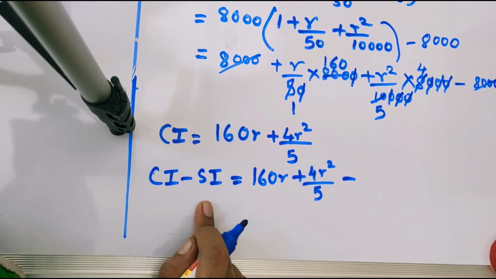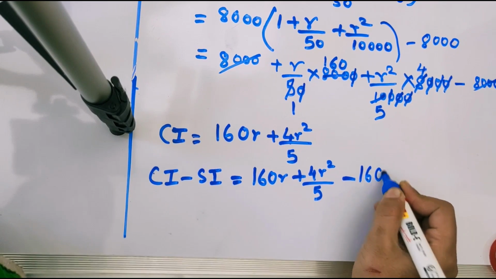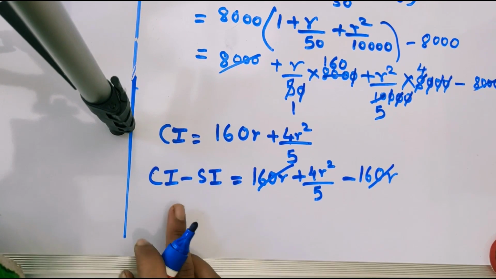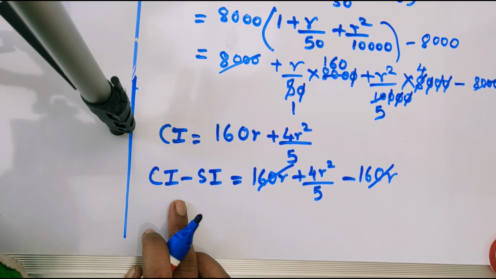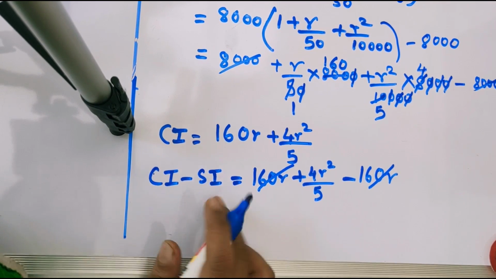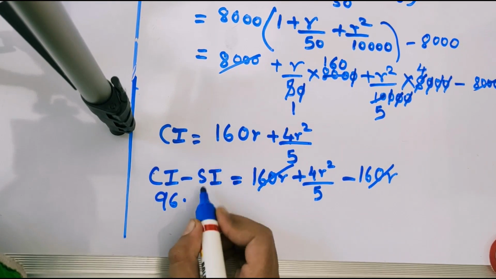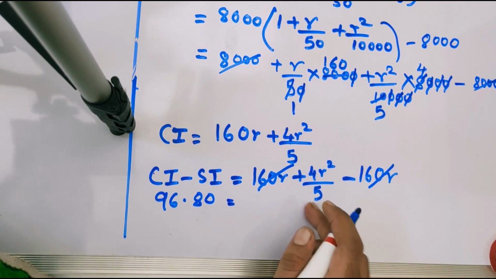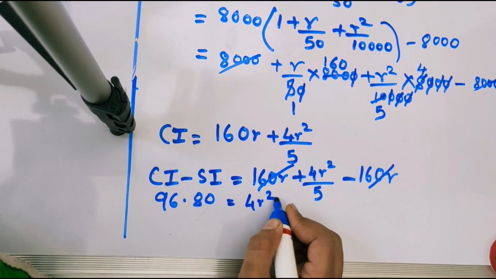The value which we got is 160r. So here this plus and minus will get cancelled. Now what is the difference? In the question it is given she makes a profit of rupees 96.80, right? 96 rupees 80 paise. So the difference will be 96 rupees 80 paise, right? And here what is remaining is 4r square upon 5.